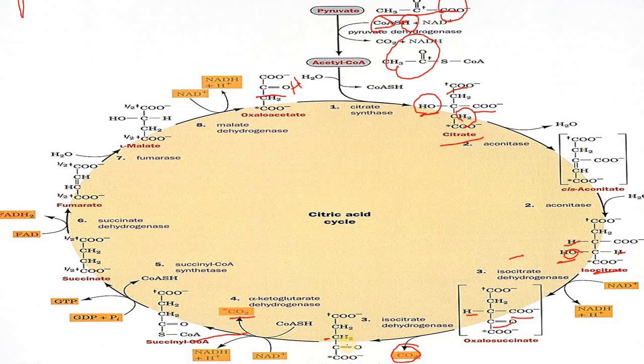So here we have the addition of a CoA group along with the evolution of CO2. As you see here, this CoA group has been added, and this results in the formation of succinyl CoA.